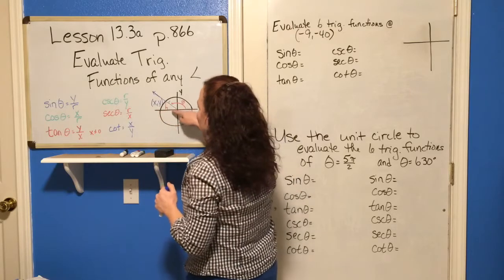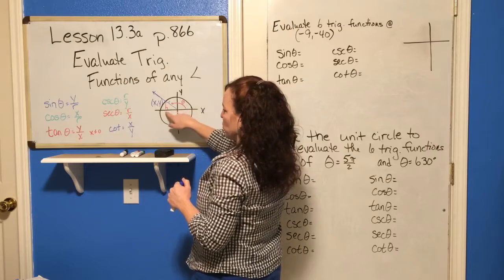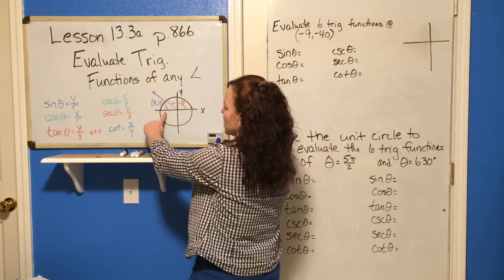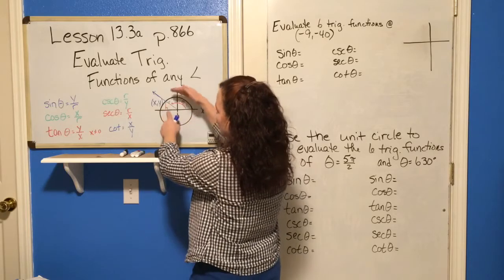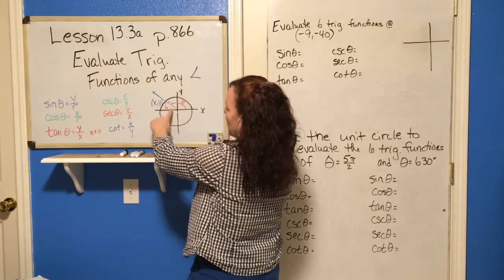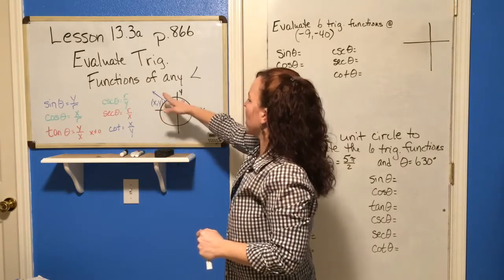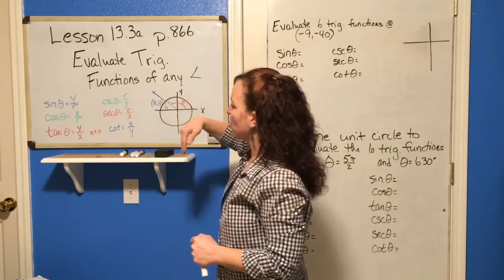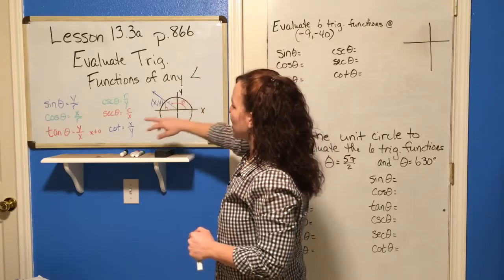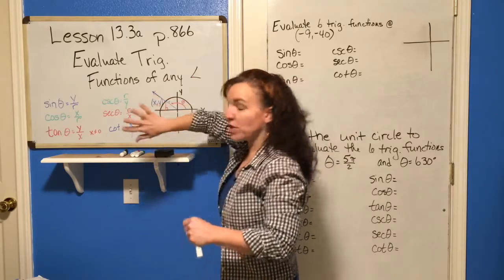So y is the distance away from the center of the circle, and then the radius. We've got opposite over adjacent. So sine is the y value over r. Cosine is going to be the x value over r. And then the tangent is the y value over the x value, and then cosecant, secant, and cotangent are just flipped.